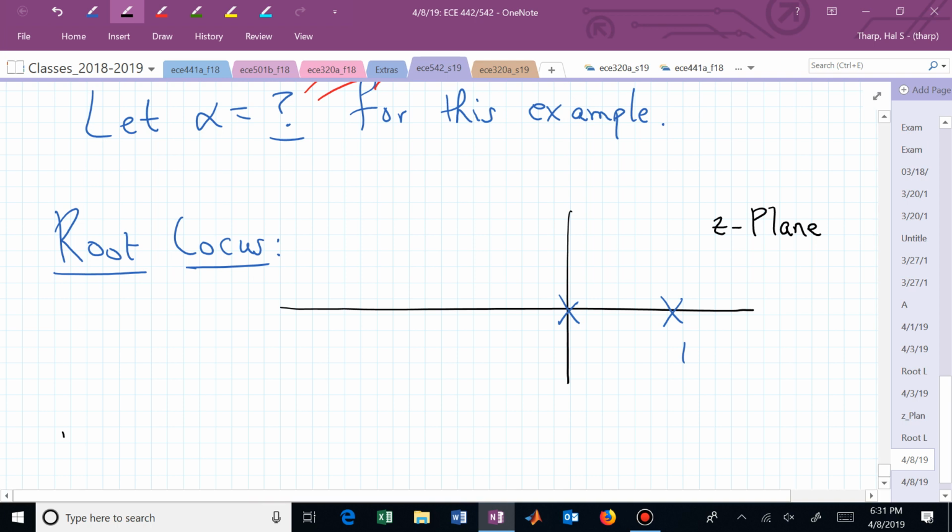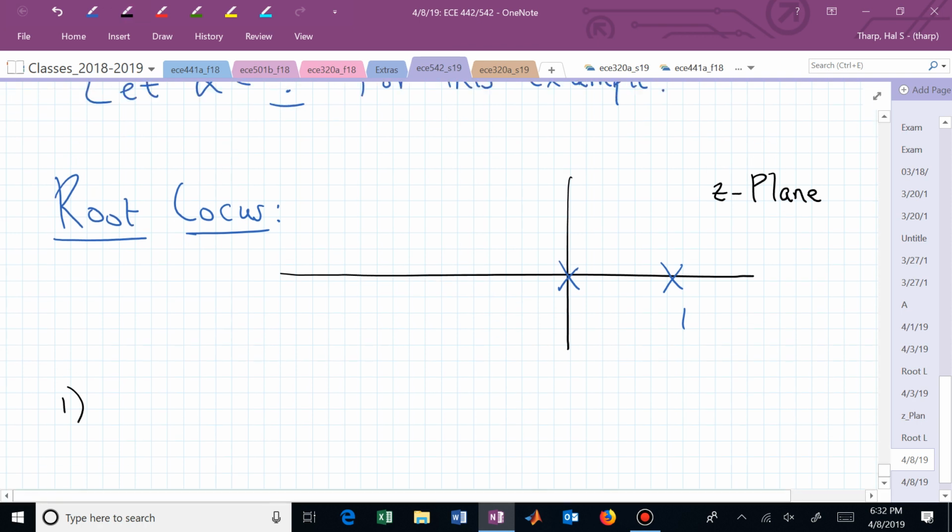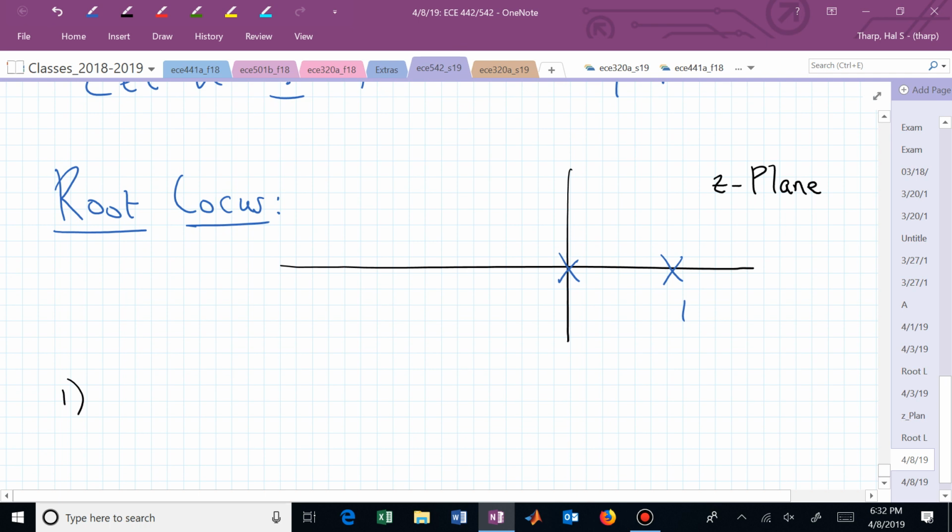Here's where the choices come in. Where do we put alpha? Where do we not put alpha? Maybe I shouldn't even entertain that. But you don't want to cancel unstable poles or zeros with poles and zeros. We only have a zero, so we can use that to put wherever we want.